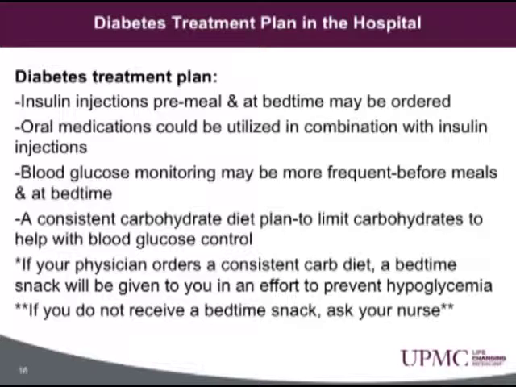So we give the consistent carb snack at bedtime to prevent the low blood sugar overnight into the next morning. Typically, this snack is a 1 carbohydrate choice snack, and it can consist of 3 graham crackers, 3 honey graham crackers, a sugar-free pudding cup, or a fruit cup.